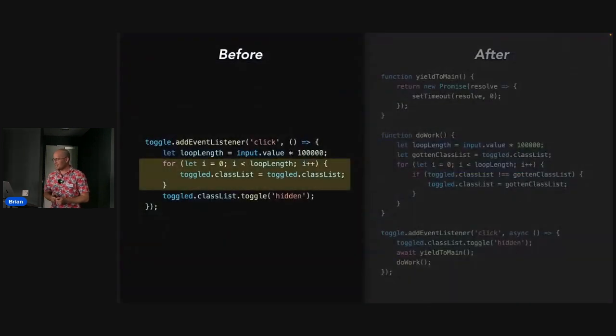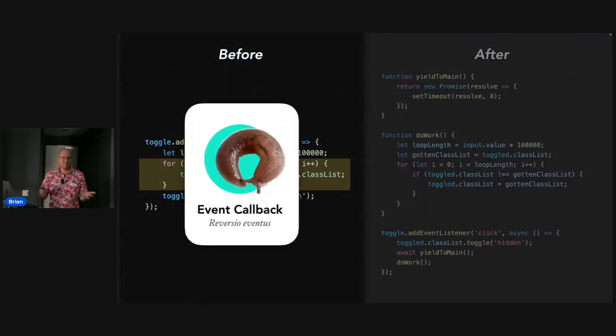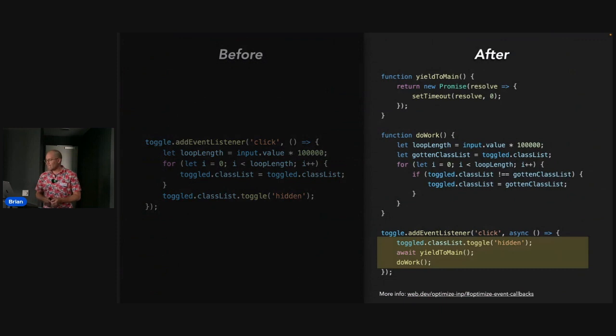Let's see what kind of code that was. I have my for loop there, and like we already said, that's a long task. So we spotted our first slug here: a very slow event callback. How could I get rid of this slug? What I can do is yield to the main thread as often as I can, or whenever it makes sense.